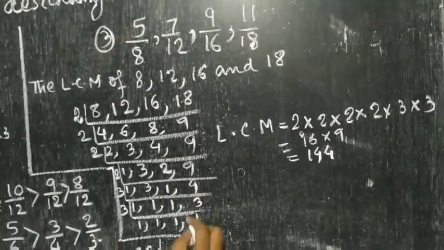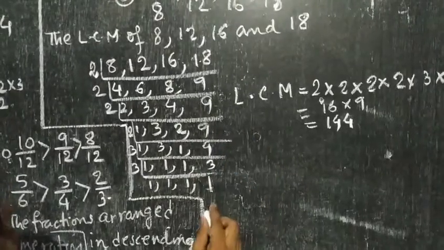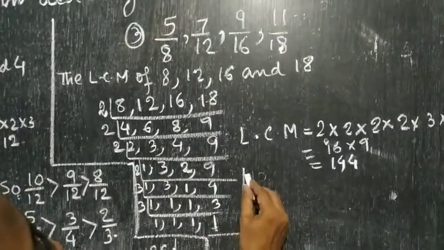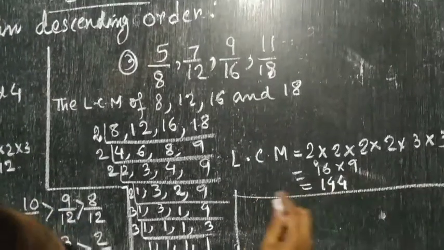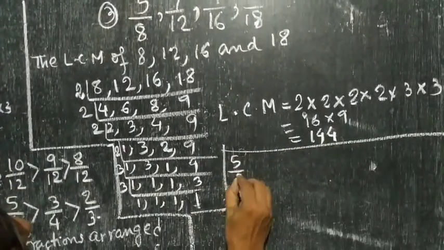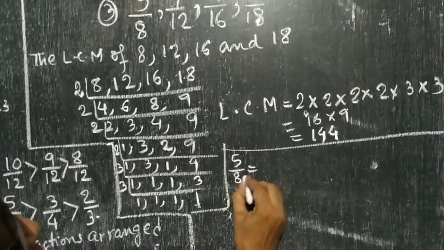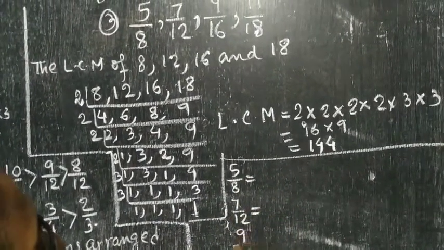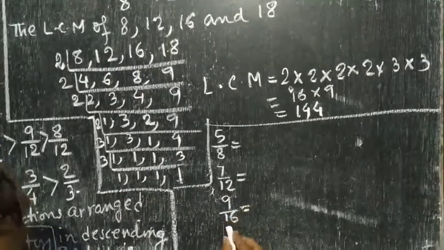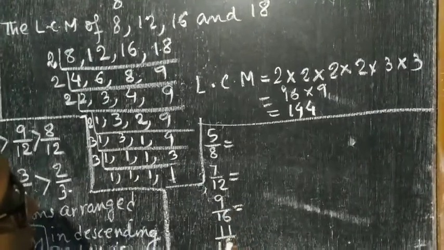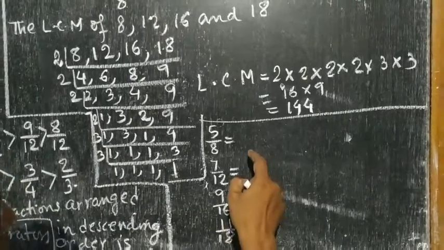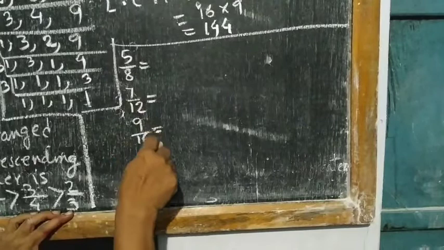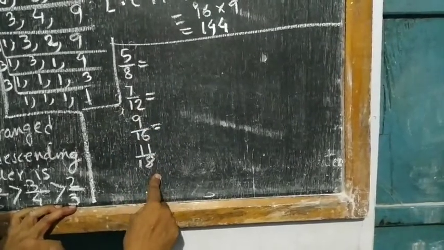Now children, write the fractions. This sum is very much big. So 5 by 8, 7 by 12, 9 by 16 and 11 by 18. Now children, you have to make the denominators of the four fractions 144.